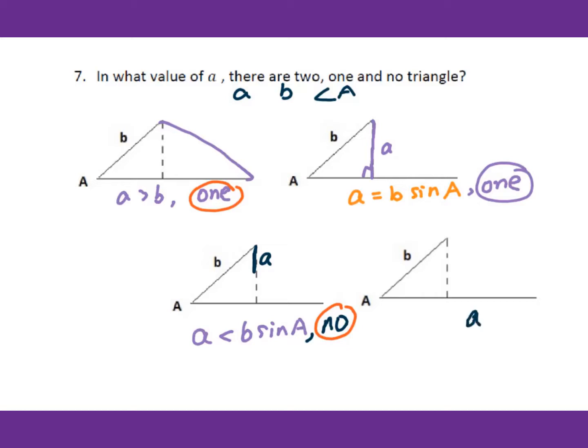If A is between B sine A and B, which means you have two triangles to form. So you will form this triangle, red one.